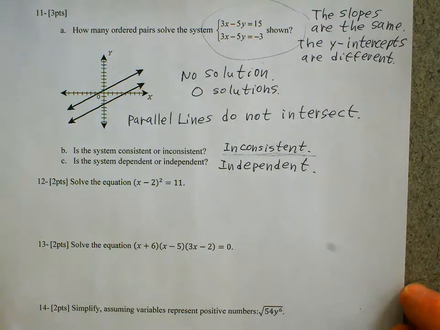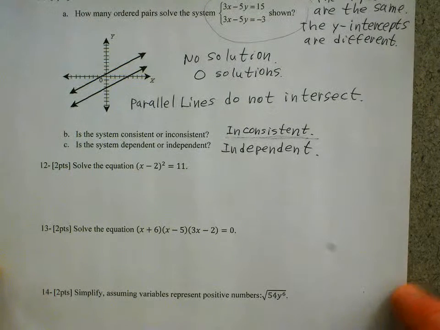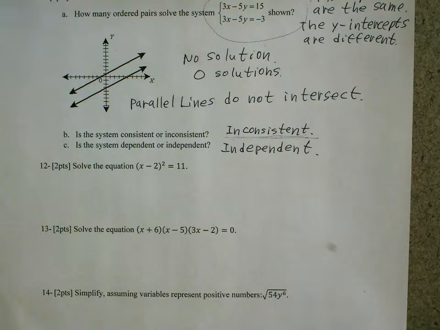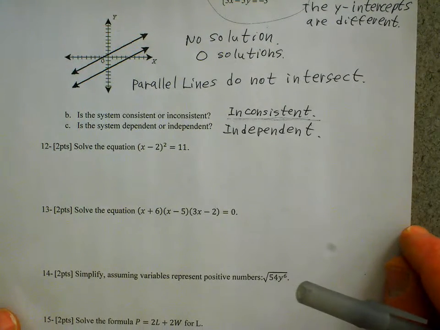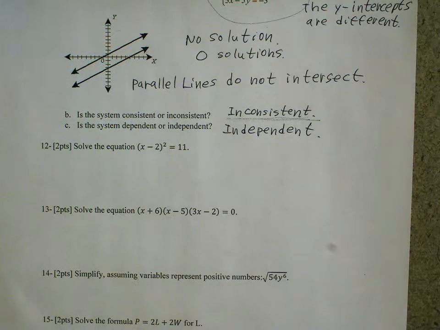Okay, moving on. Solve the equation x minus 2 quantity squared equals 11. Well, there's more than one way to go about it. The easiest thing to do is what?